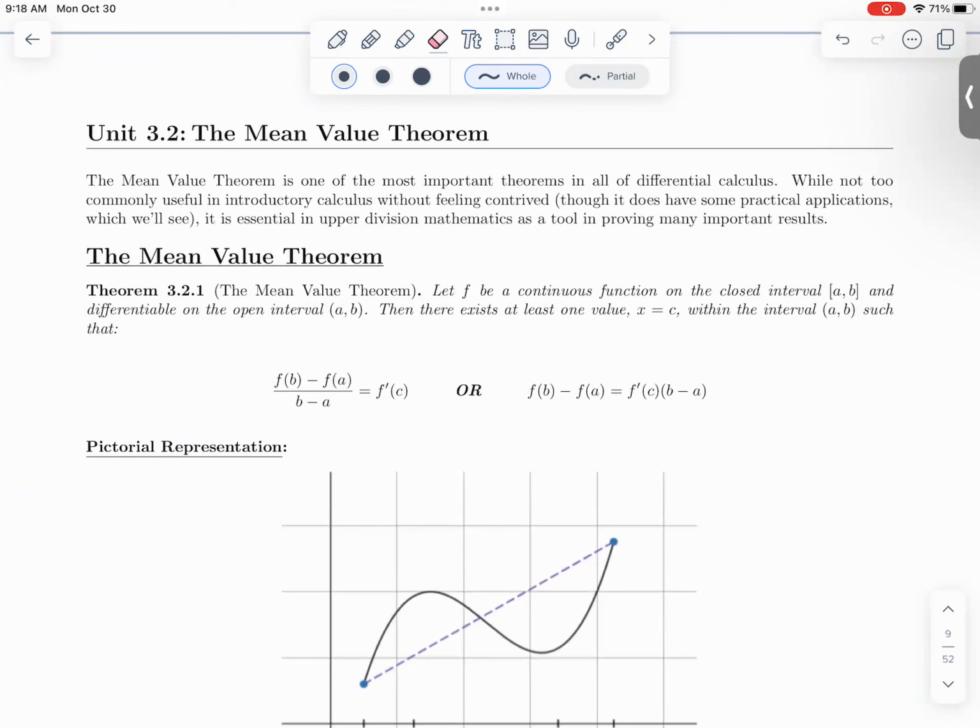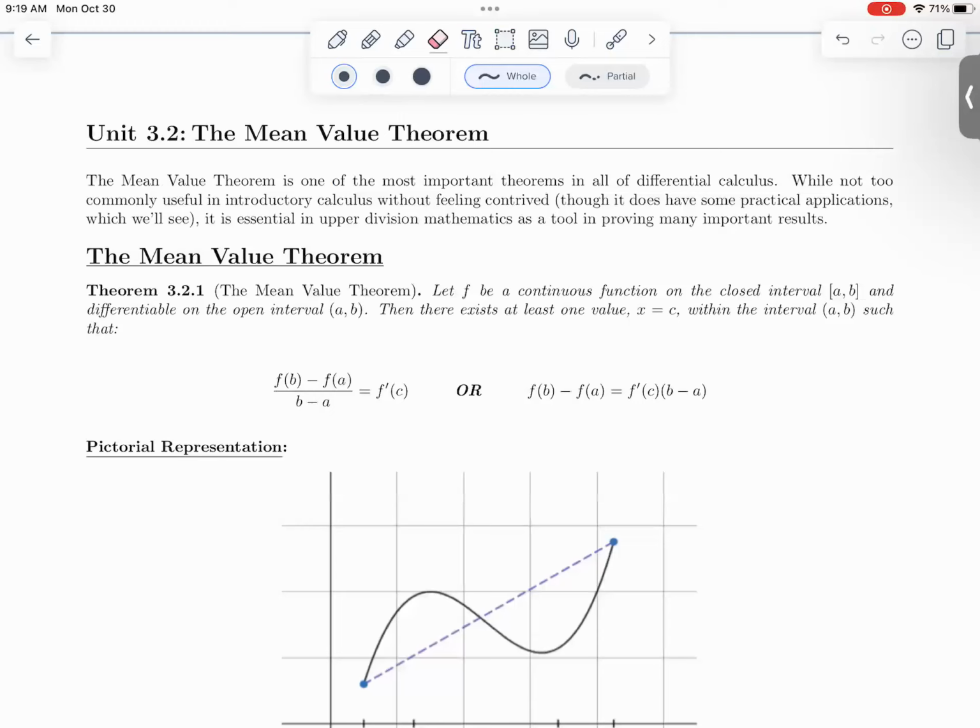So the mean value theorem, unit 3.2. It's probably one of the most important theorems that you'll see in mathematics. In my grad textbooks, once we got to the derivatives section, every single proof in the derivatives section ended up using the mean value theorem one way or another, whether it was the original version or the generalized version.